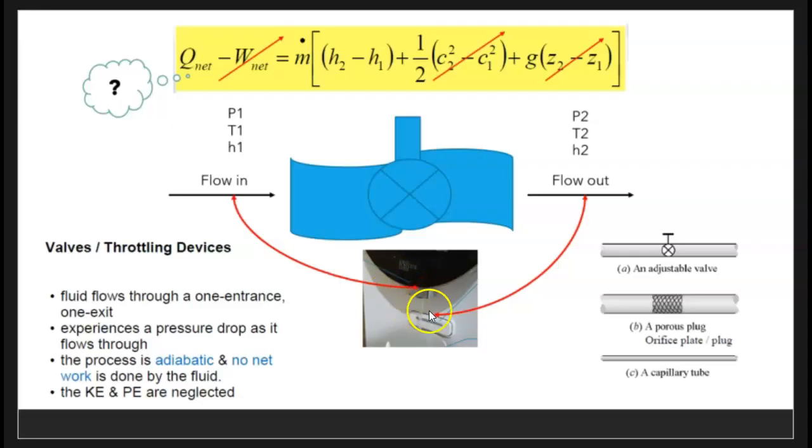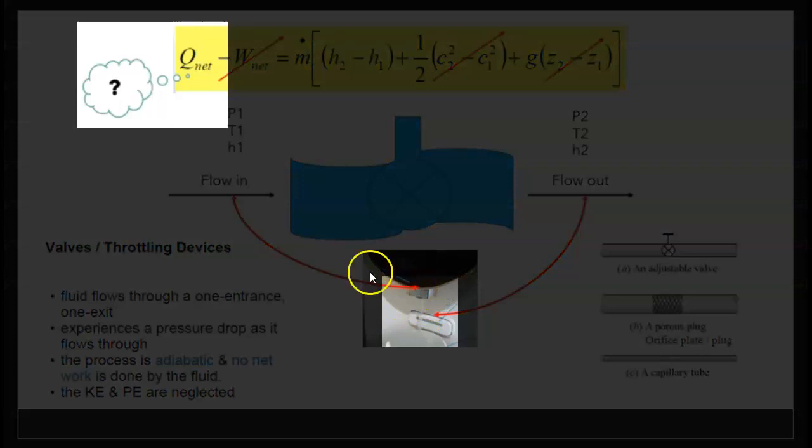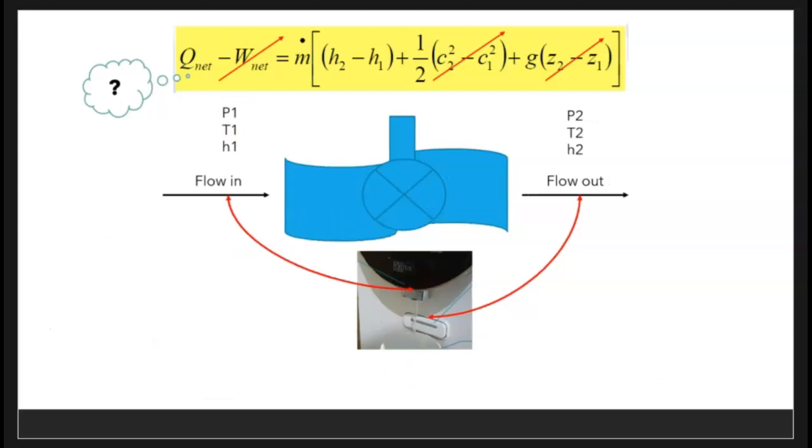But since this area is not being fully covered or insulated, there will be some heat loss here, whether it is heat gain or heat loss. That's why we need to figure it out by using the steady flow energy equation.